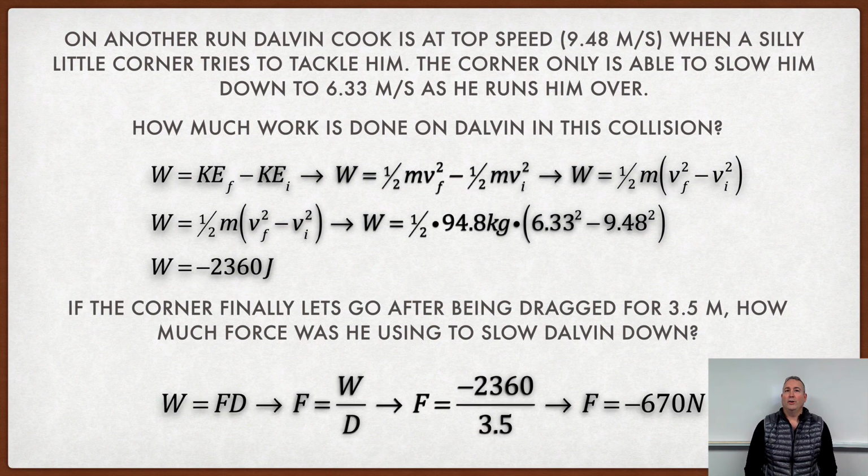We can just take work equals force times distance, divide the work done, which we just calculated, by the distance, 3.5 meters, and we find that the force that the corner put on Dalvin as he dragged him was 670 newtons in the opposite direction. So this is just an example of that.